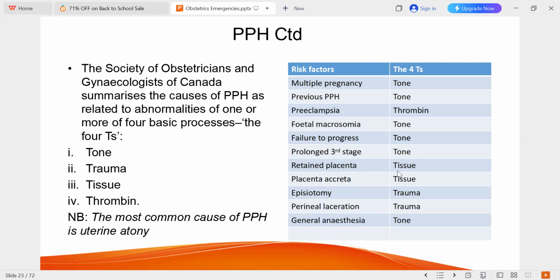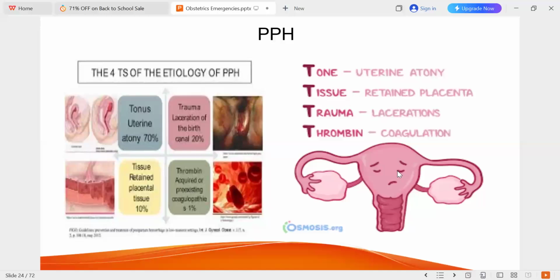You can cause loss of tone, uterine atony, as a cause of PPH. Okay, so this is just that diagram to show uterine atony about 70%, trauma 20%, retained tissue, and thrombin.